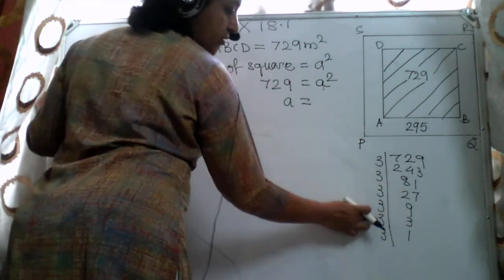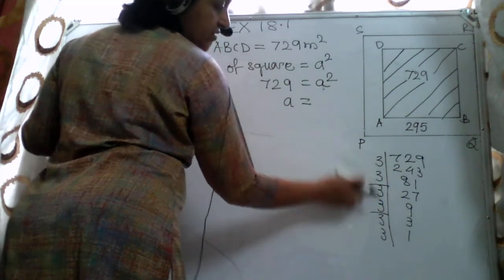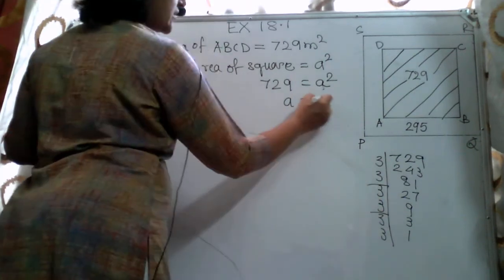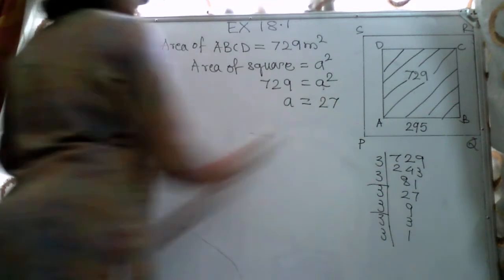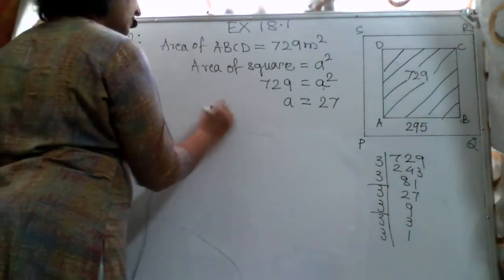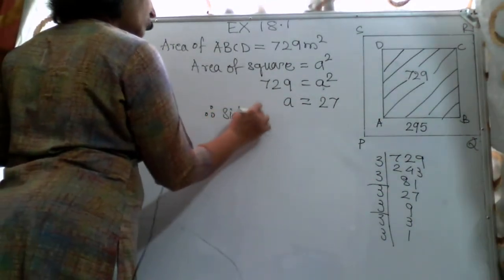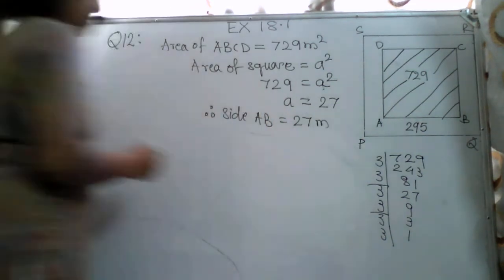That means 3 3s are 9, 9 3s are 27. So the square root of 729 is 27. Therefore side AB is equal to 27 meter.